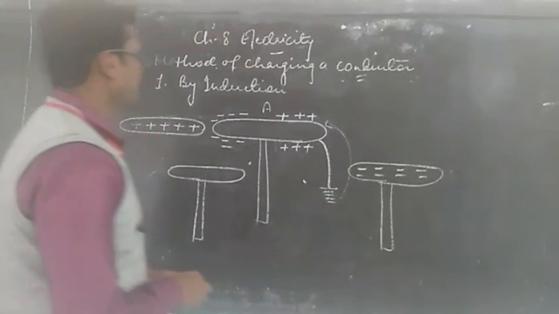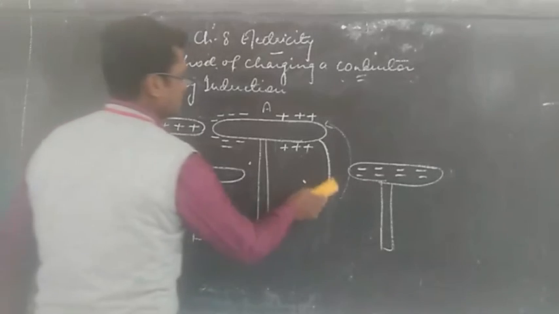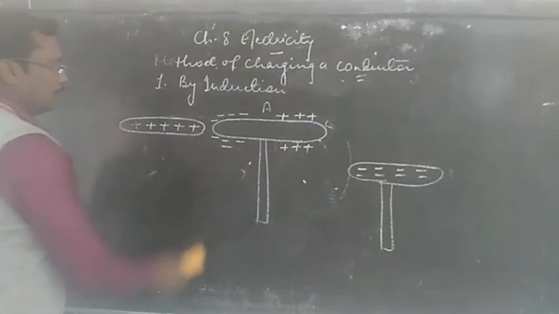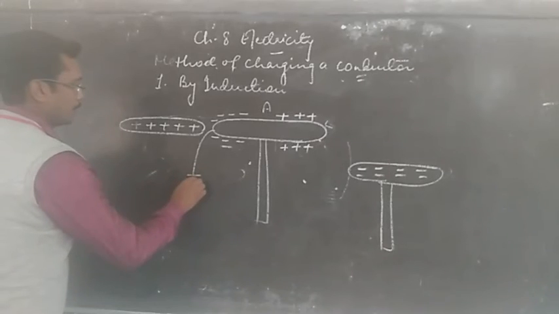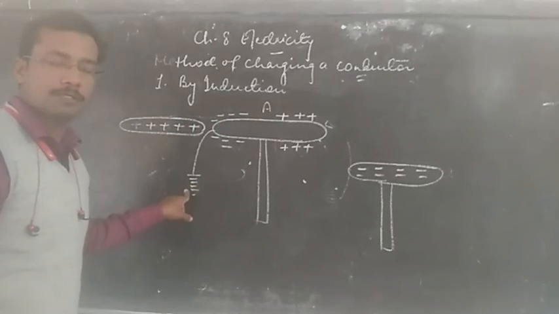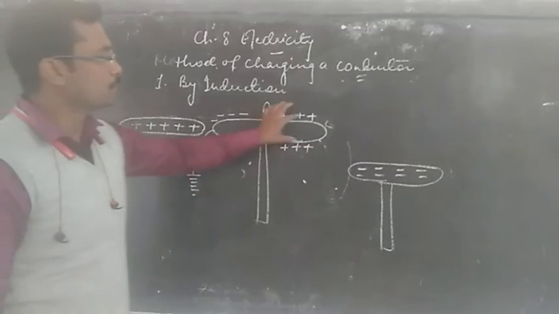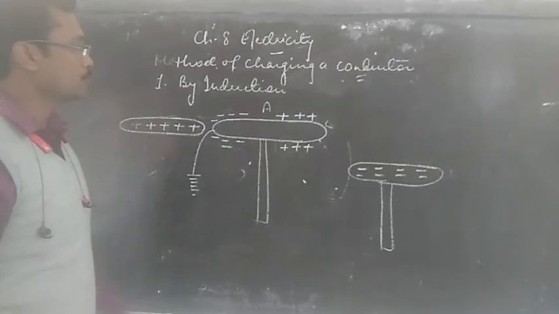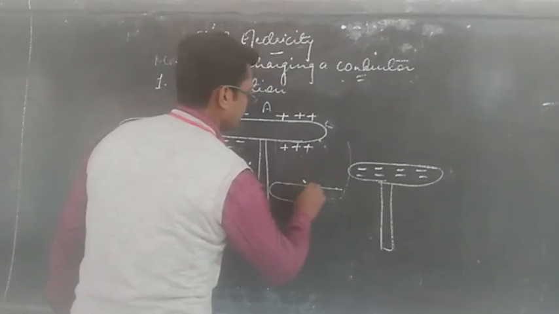And suppose, instead of earthing the positive end, you earth the negative end, that is this end. In this case the free electrons of this end will be transferred to the earth. As a result, this end will get neutralized, but the positive charge will be distributed throughout to give only positive charge to the conductor.